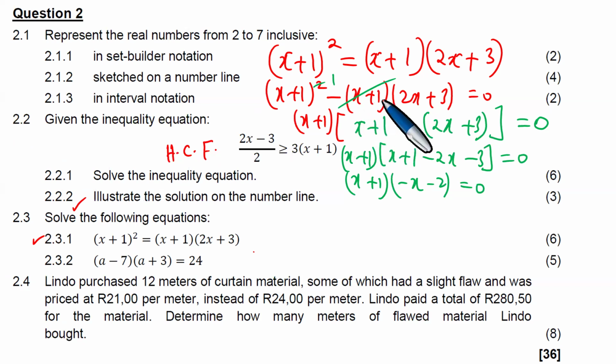We can see x plus 1 here, but here we are seeing x plus 1 all squared. And now we can see x plus 1 is the highest common factor.